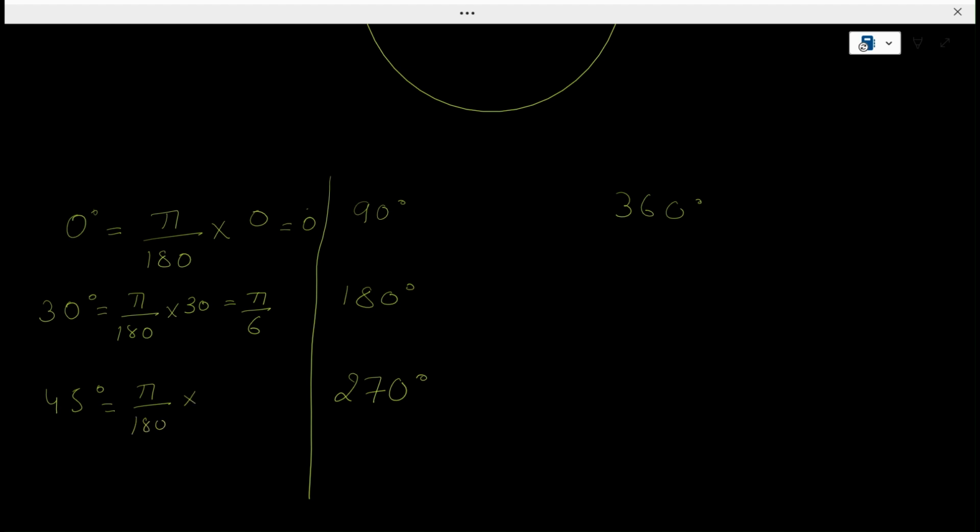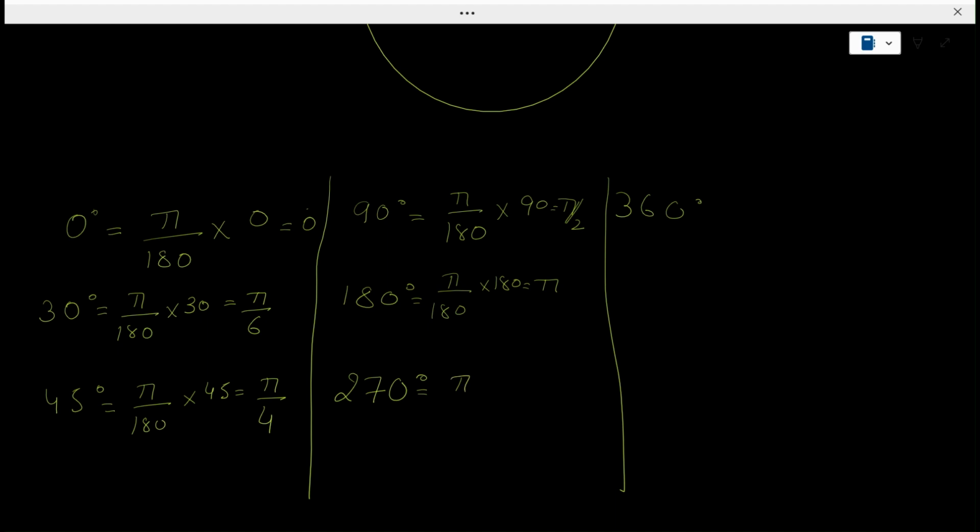45 degrees would be pi by 4 radians. 90 degrees would be pi by 2 radians. 180 degrees would be simply pi radians. 270 degrees would be 3 pi by 2 radians.